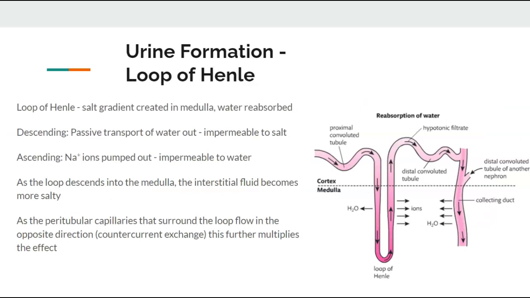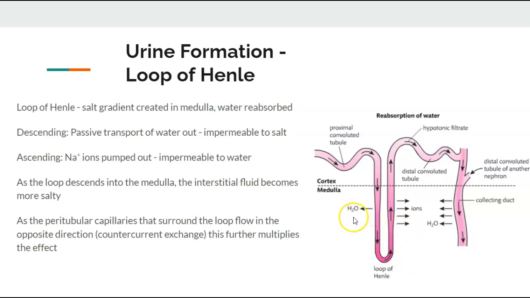Now, the loop of Henle is a salt gradient created in the medulla, this middle part of the kidney, and this is where water reabsorption happens. So the descending loop, this part that goes down, has passive transport of water out and is impermeable to salt. Then in the ascending loop, sodium ions are pumped out, and it is impermeable to water.